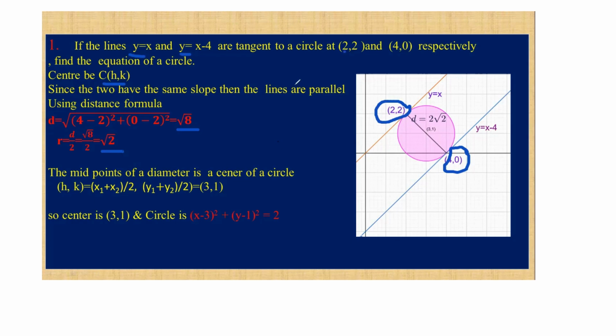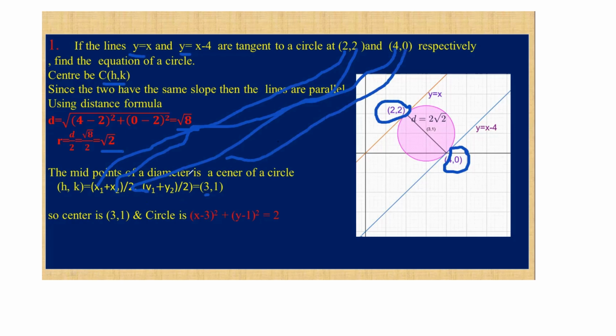Say x1 plus x2 over 2 gives 3, and y1 plus y2 over 2 gives 1. So the center of a circle is (3, 1).